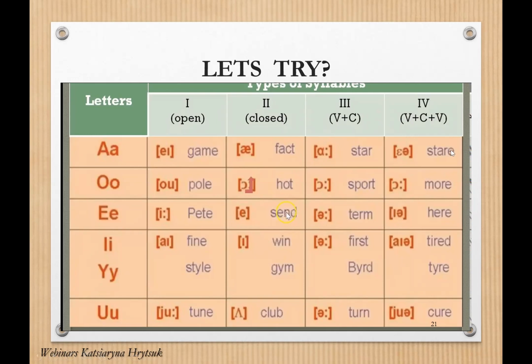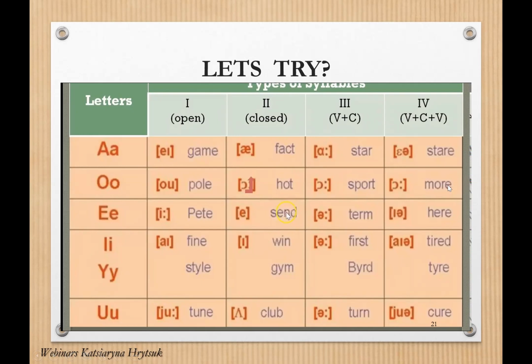So letter E makes actually big changes. Next, letter O, pole, closed. O, hot. Sometimes you can hear hot. That is American style, okay? British, hot. Then, syllable 3, sport. Remember, sport. And here's the repetition of O, more.